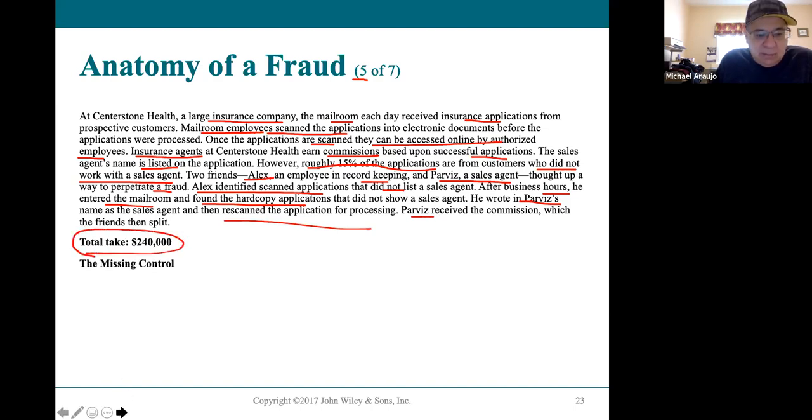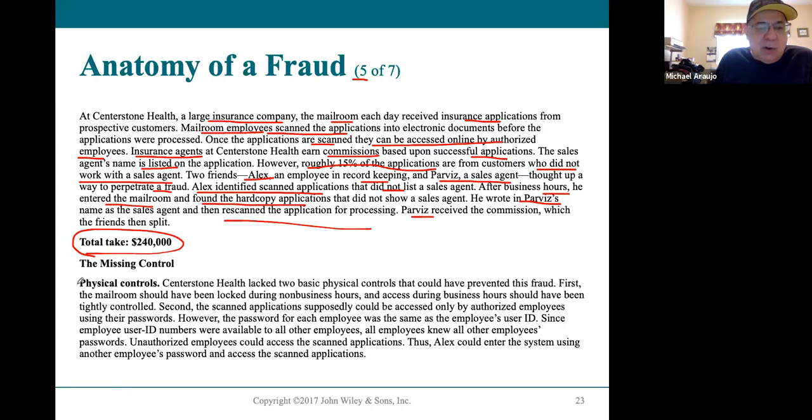That's a lot. Missing control, in this case: the process was physical, and so the physical controls were missing. So first of all, the easiest way to have a physical control is to lock your mailroom. Okay, so if that's where sensitive information is, it should be locked.